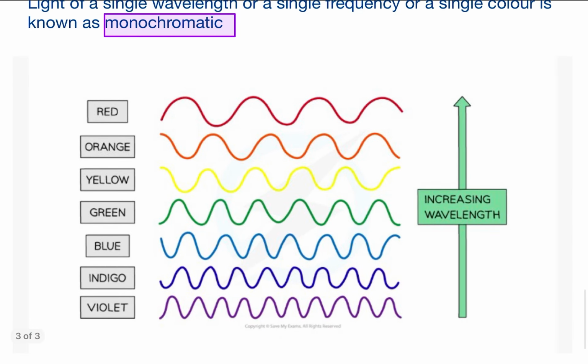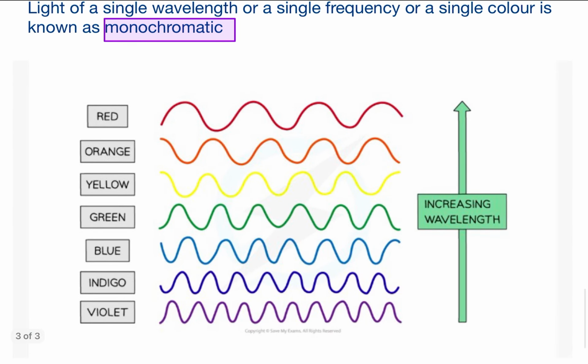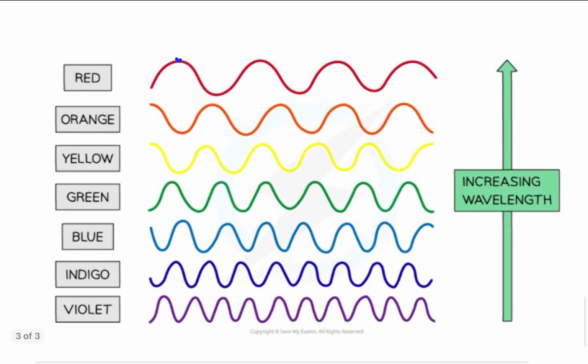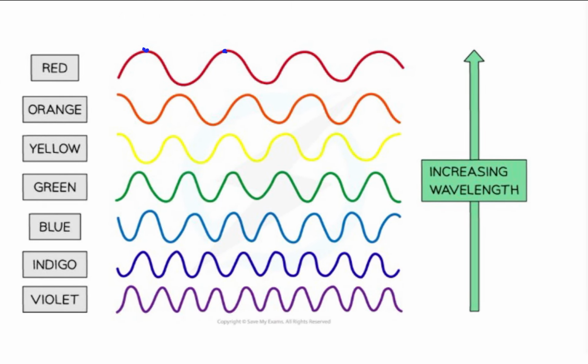Now, when you look at this, you can see red has the longest wavelength. How do you know? Wavelength is the distance from one wave to another wave. So if you see here, this is one wave, this is one wave. This is the longest wavelength.